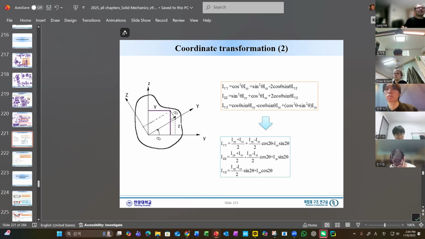Maybe these are the equations, so we can simplify. Now, it may be very confusing, this is the large YZ and this is small yz. Well, it doesn't matter. I will give you a very important tip.